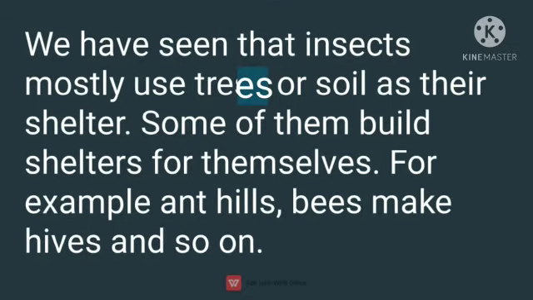We have seen that insects mostly use trees or soil as their shelter. Some of them build shelters for themselves. For example, ants build ant hills and bees make hives.